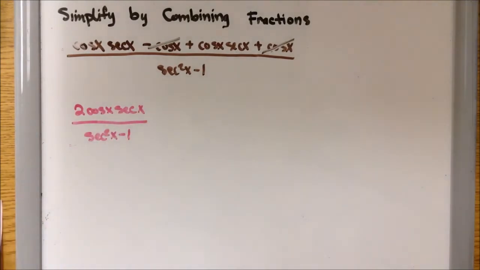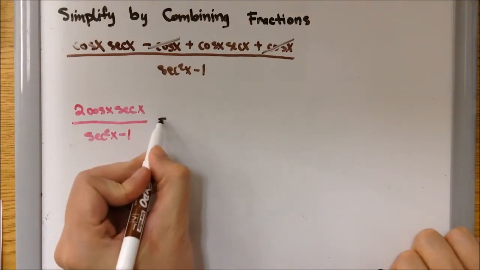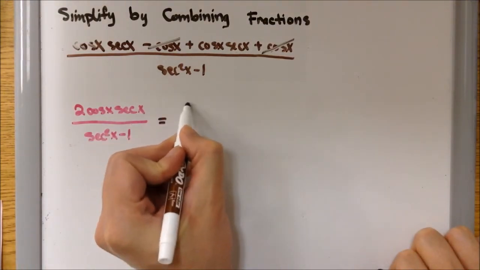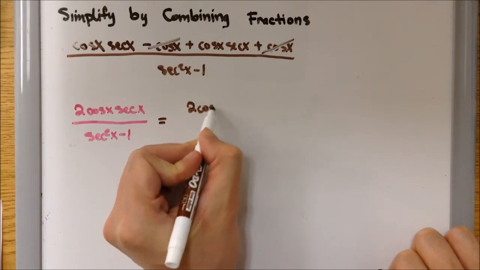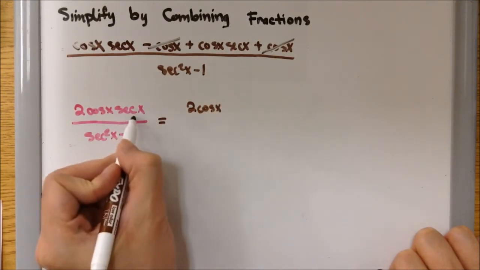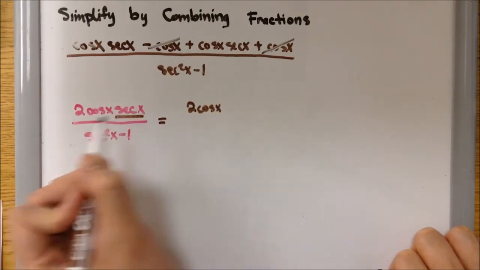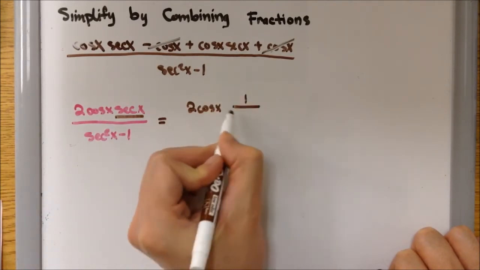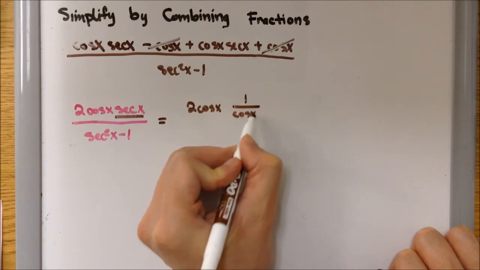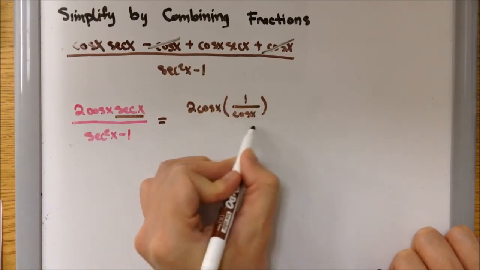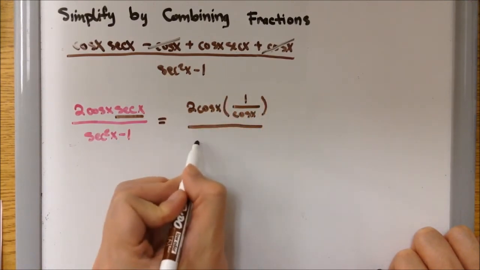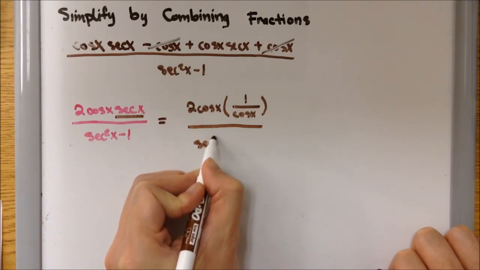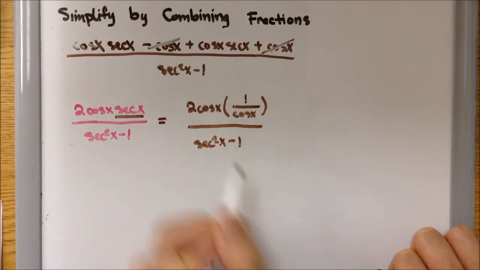So that's what I'm going to do. 2 cosine of x will stay the same. Now I'm going to rewrite secant of x, using the reciprocal identity, as 1 over cosine of x. And again, the whole thing is still over secant square x minus 1.